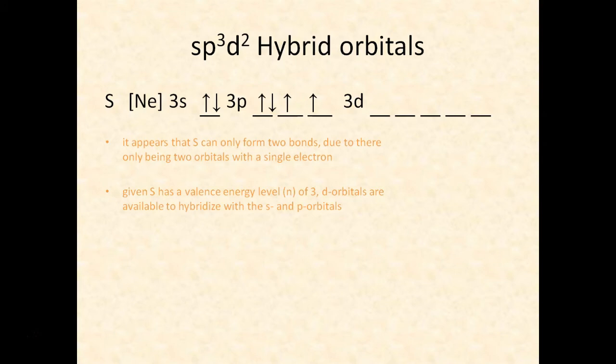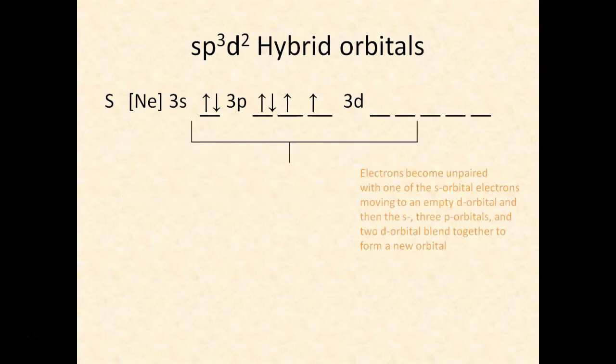Okay, and so as a result, if we do that, the pair of electrons in the s orbital and the pair of electrons in the p orbital would become unpaired, and those 2 electrons could each move to a separate d orbital.